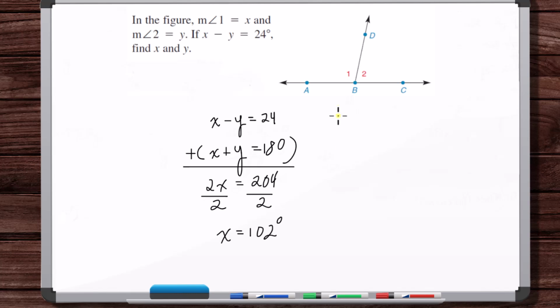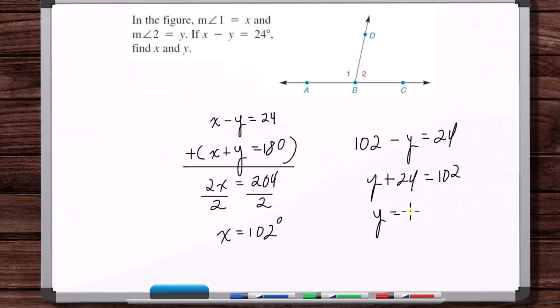It's greater than 90. And now we can just substitute x into either one of the equations: 102 minus y is equal to 24. So y plus 24 is equal to 102. Y is equal to 102 minus 24. Y is equal to 78. There you go.